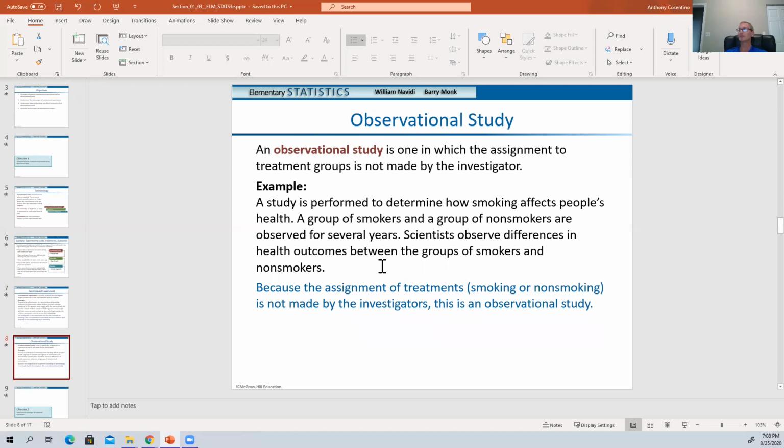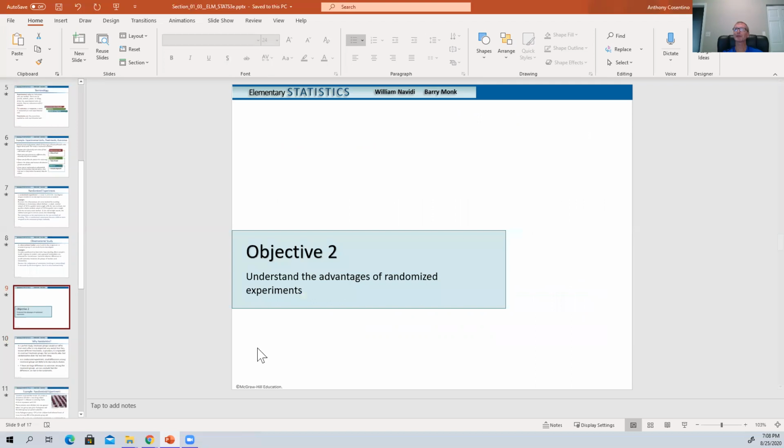And scientists observe different outcomes between the two groups. And here, this is definitely observational because the assignment of the treatment, smoking or non-smoking, was not made by the investigators. And so that's the difference between those two. Again, in the grand scheme of things, not a super important aspect of it.